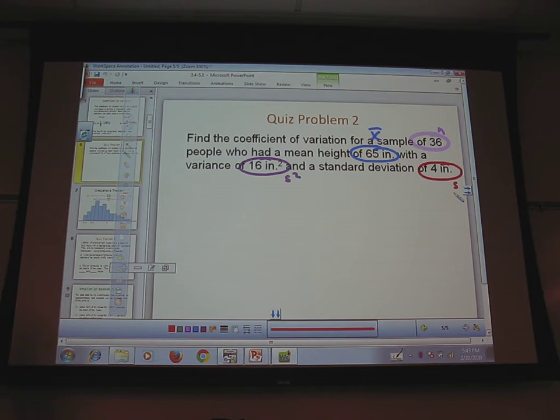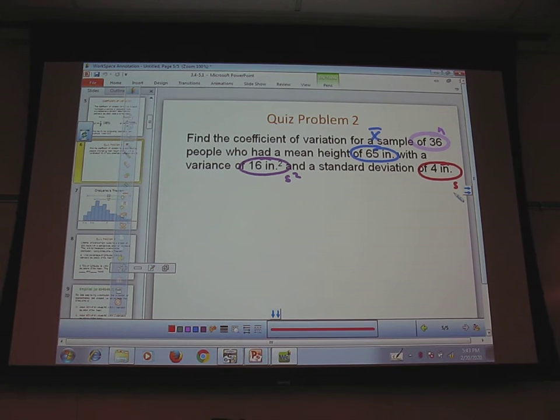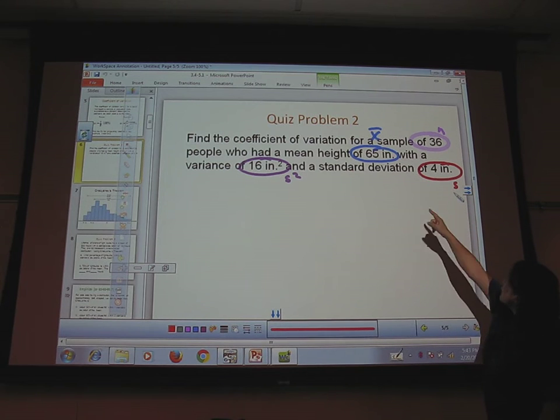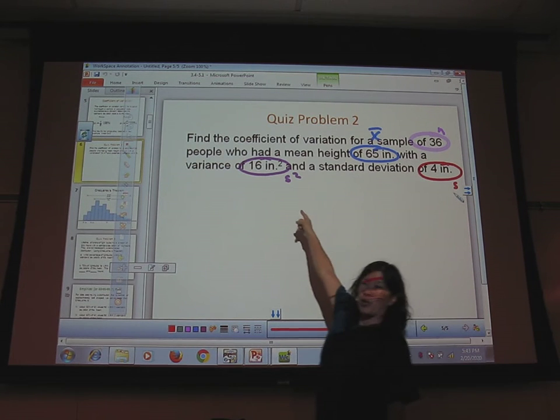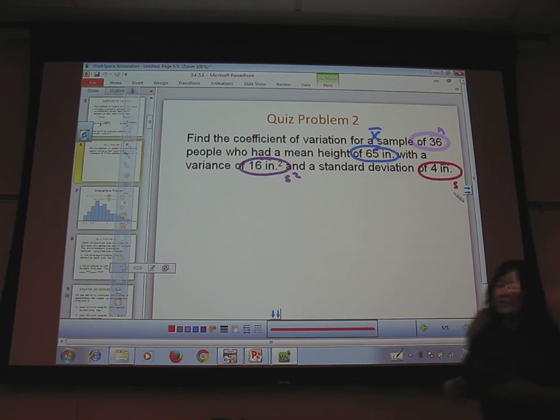The one we usually use is the standard deviation. See how those are both in inches? The variance is this weird inches squared thing. That's the one we don't use as often; it's more complicated. It has the S squared in it.